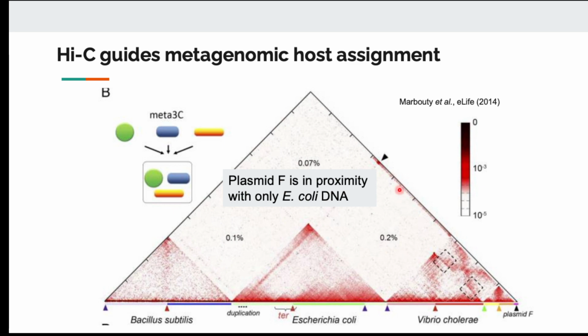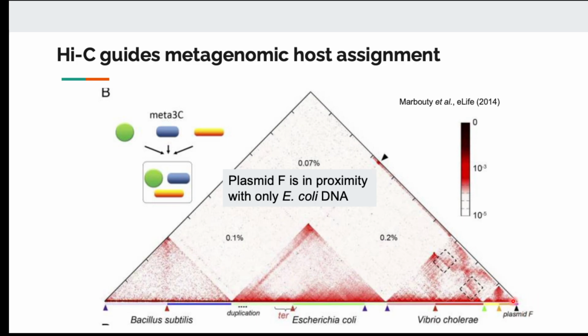But using chromatin conformation capture, only DNA from the same nucleus should be able to interact with each other. So by using chromatin conformation capture on metagenomics data, you can see that DNA from Bacillus only interacts with DNA from Bacillus, and DNA from E. coli only interacts with DNA from E. coli.